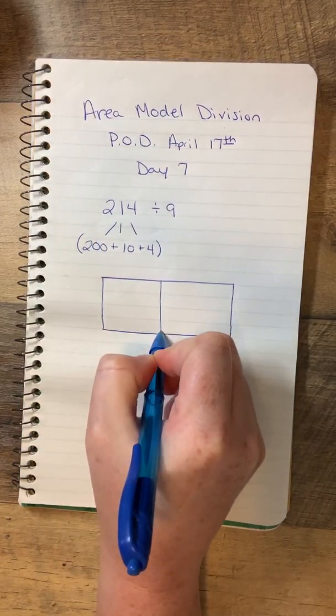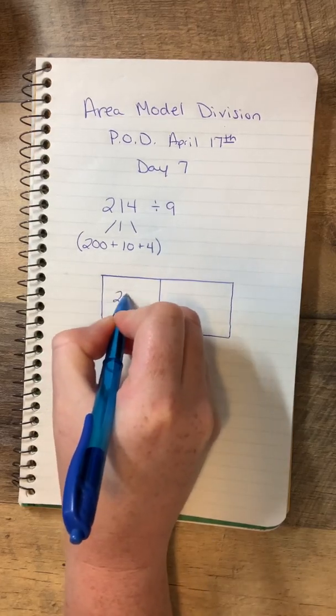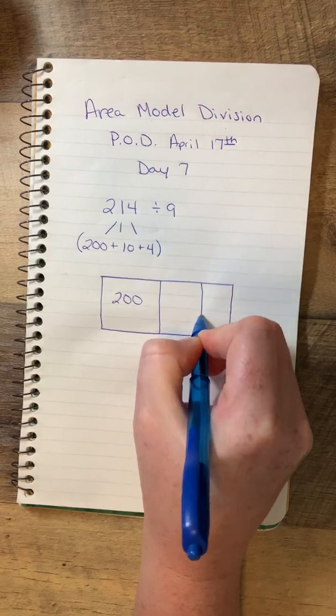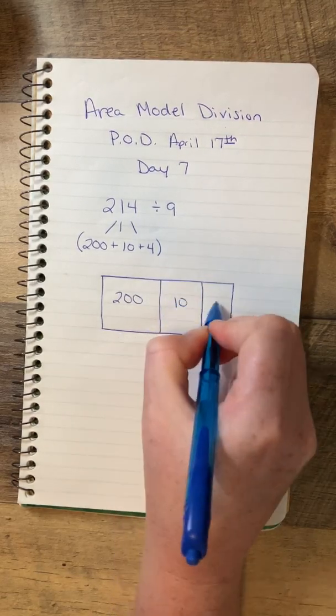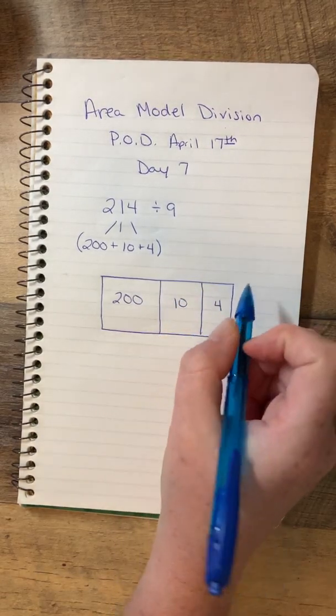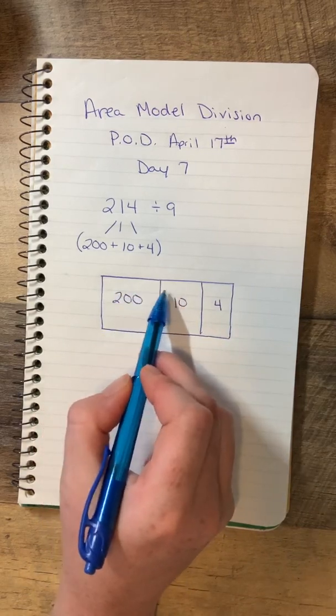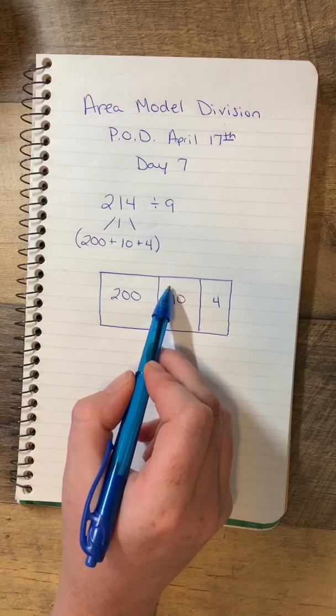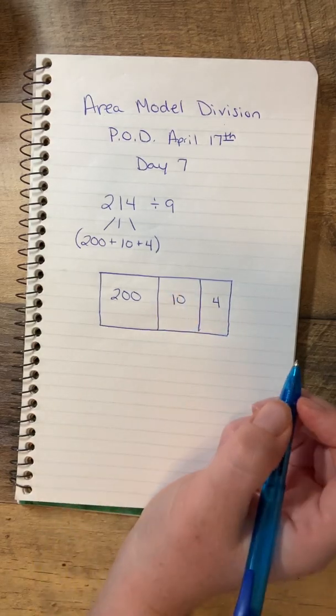So remember, we try to make our 200 a little bit larger than our 10 and our 4. And we also leave some room up top so that we can move what we have left over. We can move it over and be able to add it to it, okay?